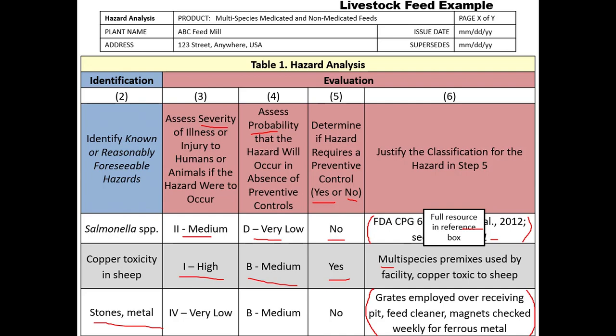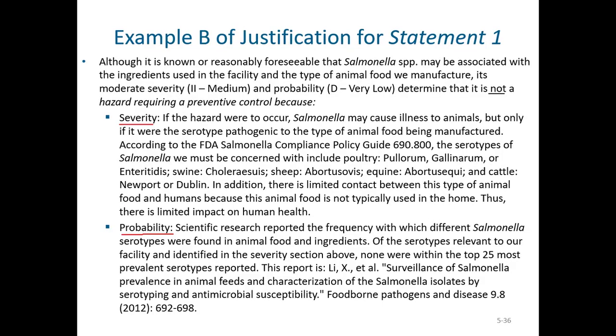That right there sounds to me a whole lot like a CGMP. And in fact, that's what it is. So this is an example where a CGMP can drive a decision to say, no, we don't need a preventive control because we've already got these things in place. Okay, so that's a CGMP preventing a preventive control.